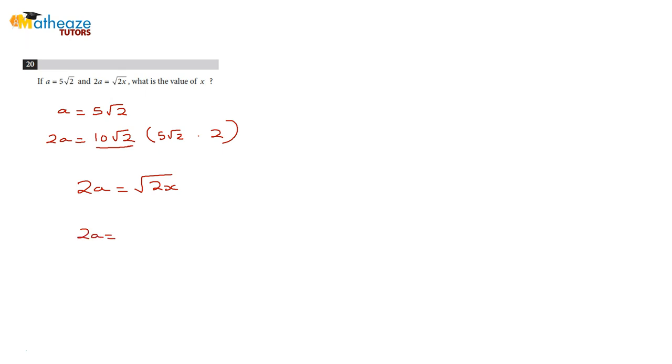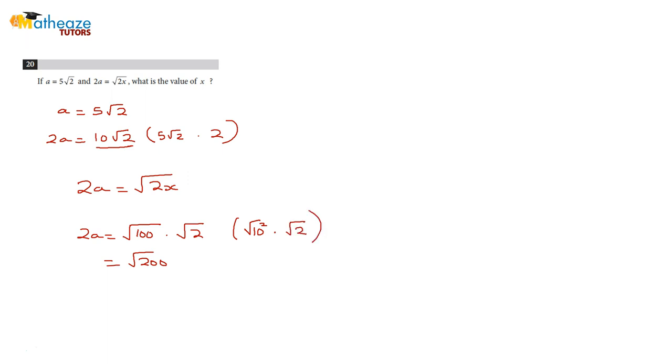So 2a is the same as the square root of 100 multiplied by the square root of 2, which is the square root of 200. How do we get 100? It's the square root of 10 squared, multiplied by the square root of 2.